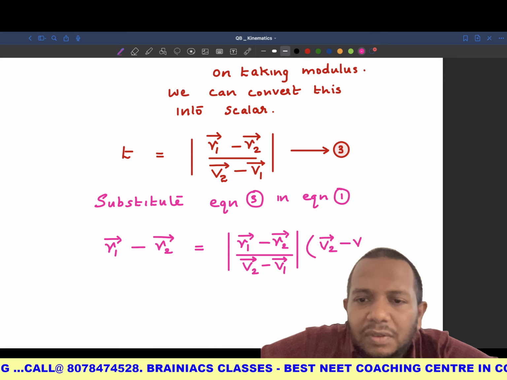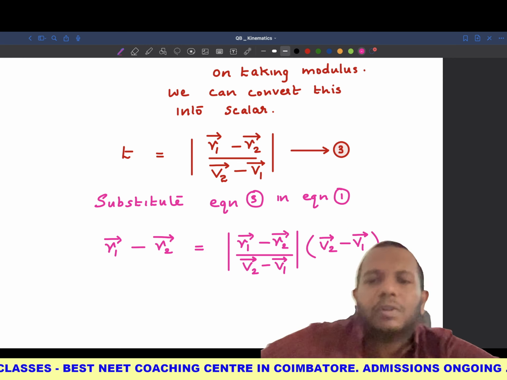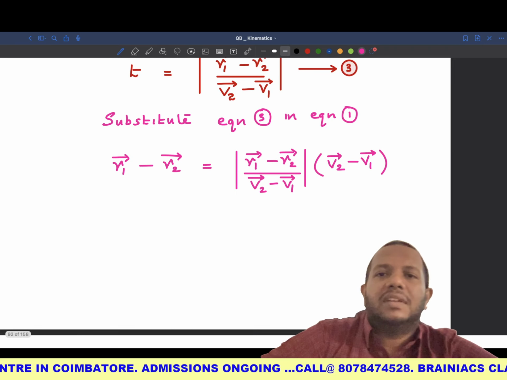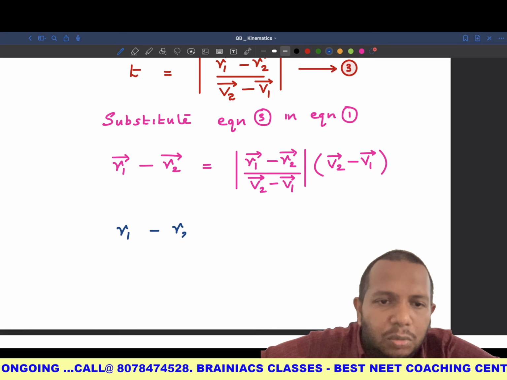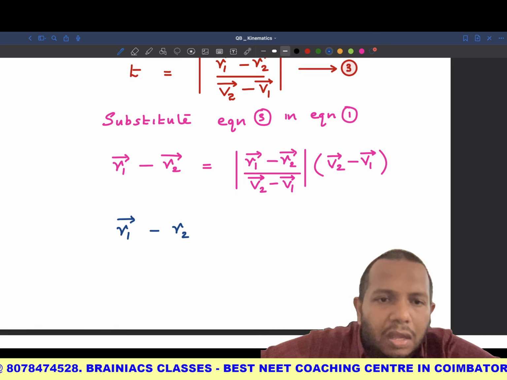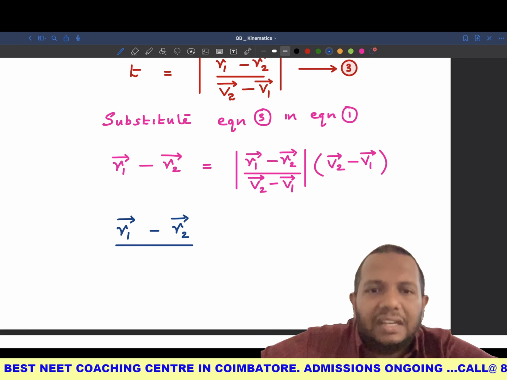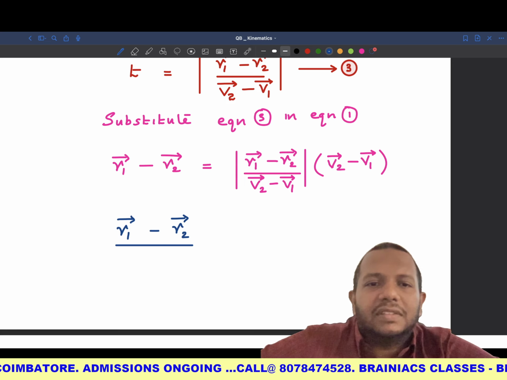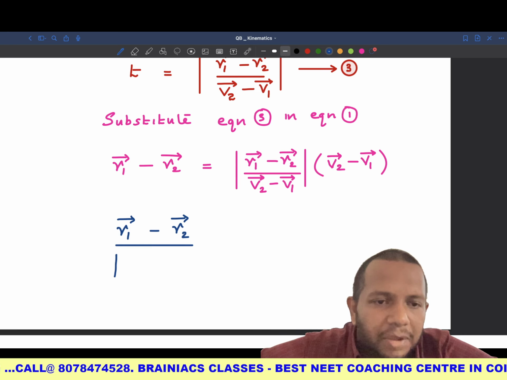Now I can rearrange it in a little more beautiful way. Listen, I can cross multiply, so this part may come here and this part may come here, and I can write it like r1 by r2.